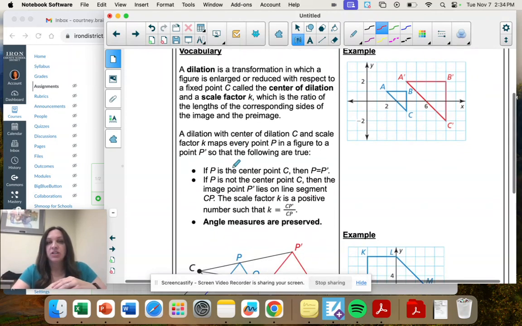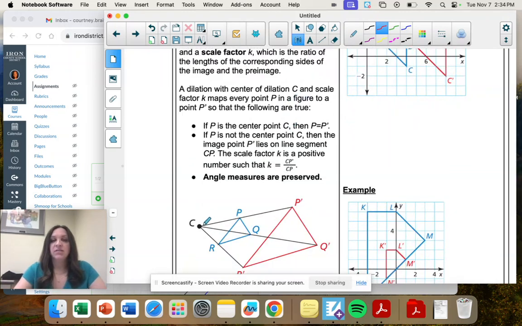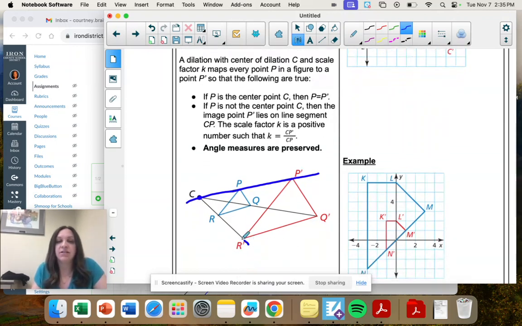So a dilation with center C, I want you to notice that if I draw a line, this is the center of dilation, and it goes on the edges of the new shape. This intersection point is the center of dilation.